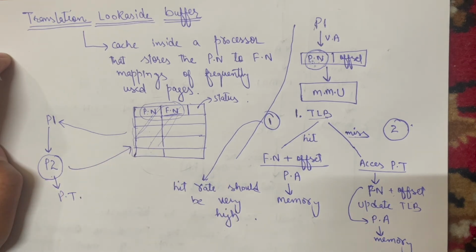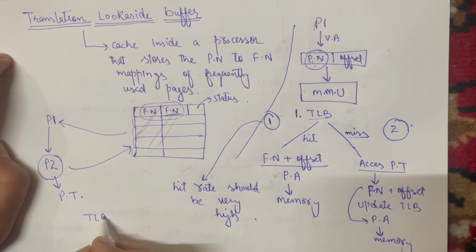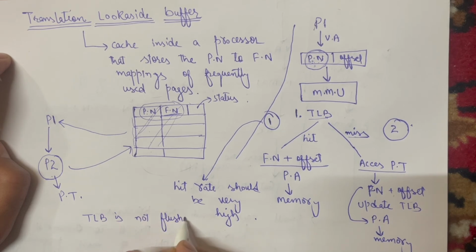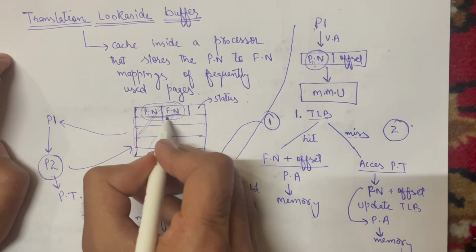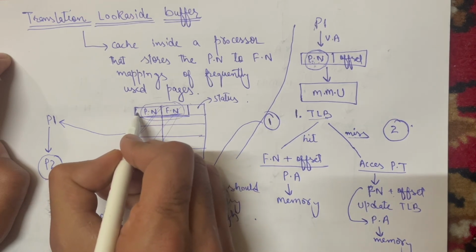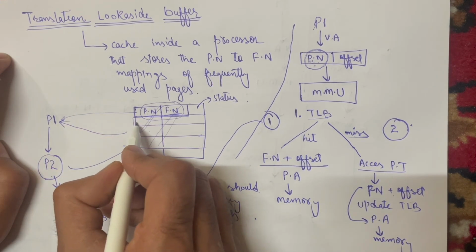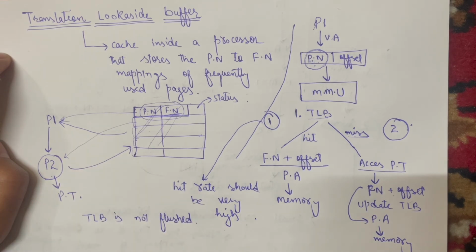However, in some scenarios, the TLB is not flushed. What does that mean? It means that an entry may belong to any process. For example, this entry may belong to P1, this entry may belong to P2. But how do we know which entry belongs to which process?